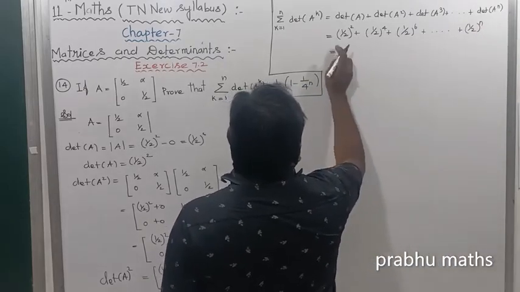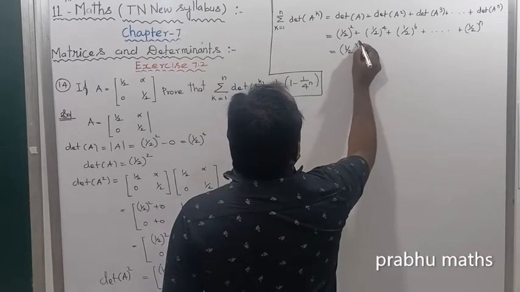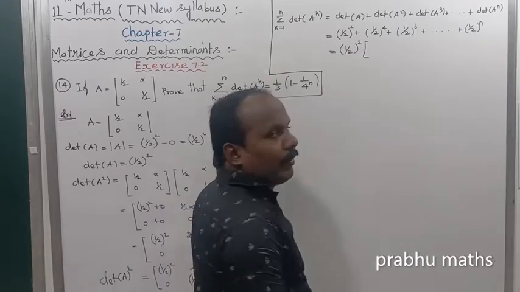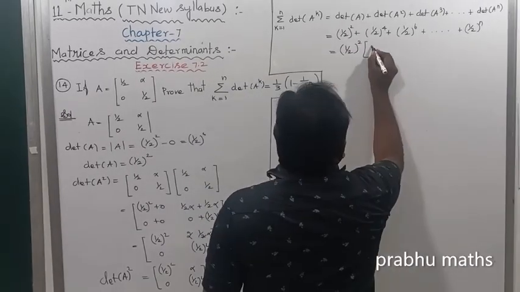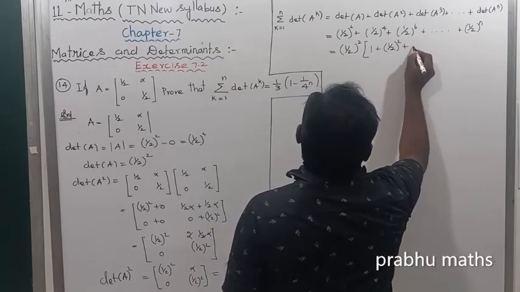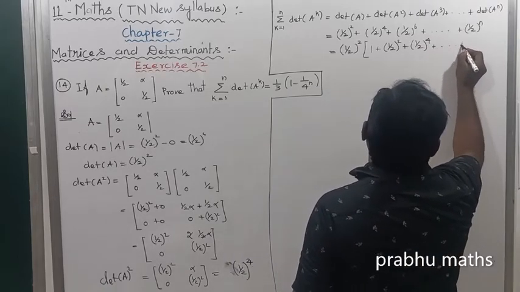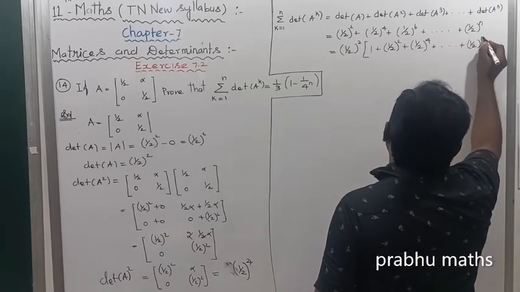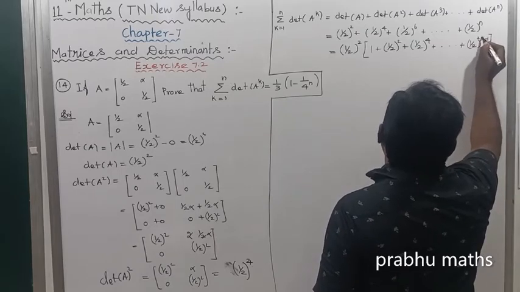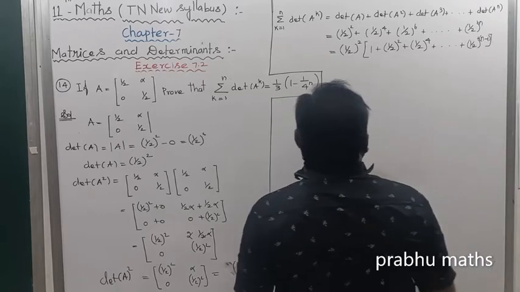The common value of this series is 1 by 2 the whole power 2. That is the common value. The remaining values are 1 plus 1 by 2 the whole square plus 1 by 2 the whole power 4 plus, and so on, plus 1 by 2 the whole power 2 times n minus 1.